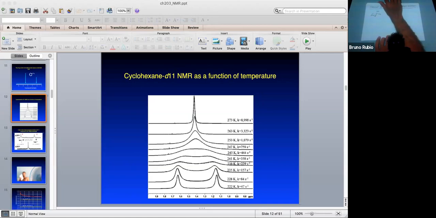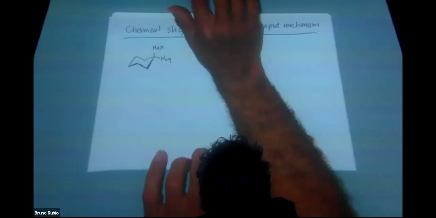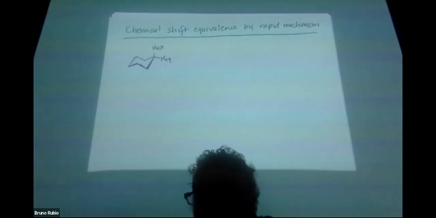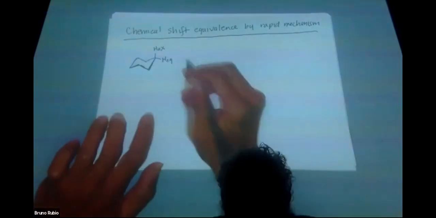So we want to understand what in the world is going on. All right, and what is going on is chemical shift equivalence by a rapid mechanism.